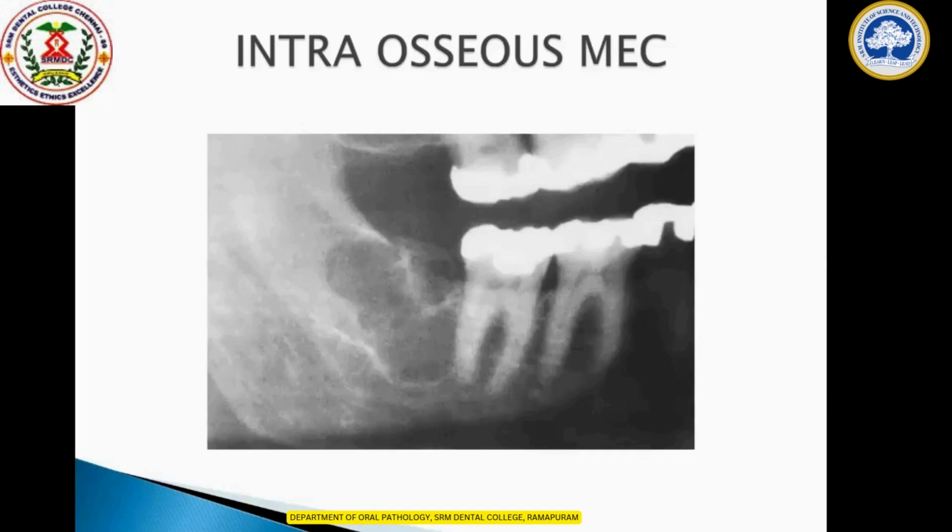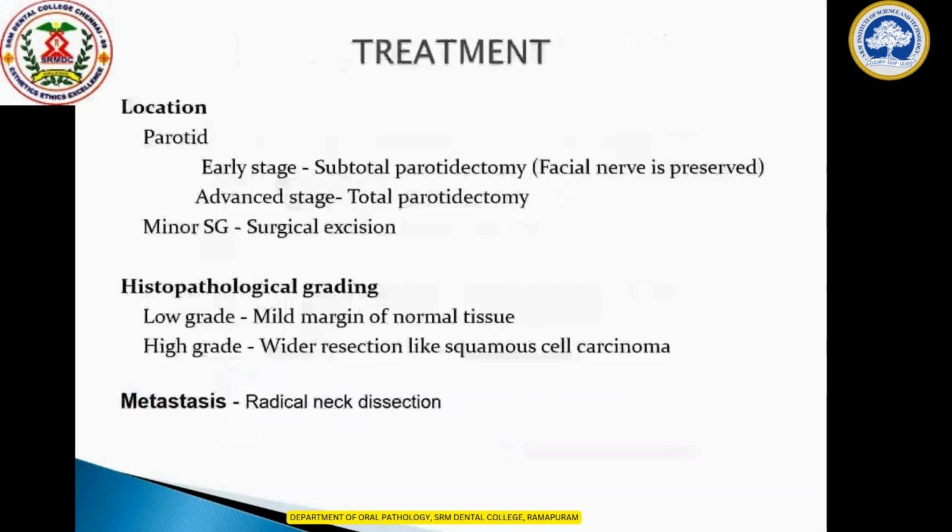And it also can occur as a result of the neoplastic transformation of any odontogenic cyst lining. So this is the theory behind the occurrence of your intraosseous mucoepidermoid carcinoma, and I've already told it is usually a low grade tumor, not an intermediate or a high grade tumor.